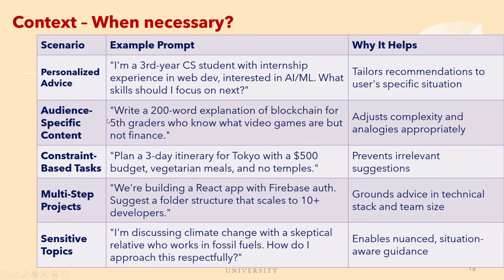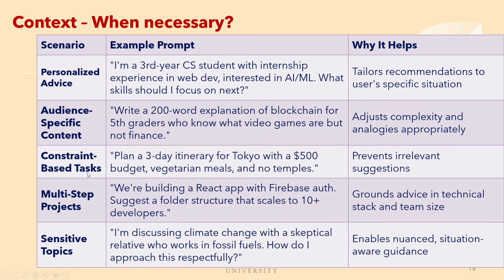Again, the second example is audience specific content: write a 200-word explanation of blockchain for 5th graders who know what video games are but not finance. So it has again the background, the relevant data, who the audience are, etc.